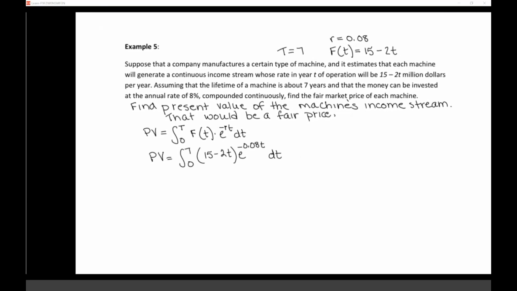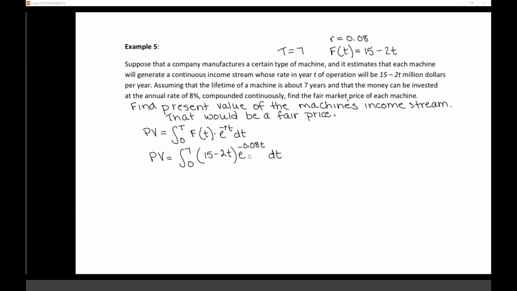So I'm asking you guys to put on your calculus hat for a minute. We're not thinking about the business side of this, but we're asking, how do I integrate it? What method do I use? How do I integrate this? Here's your integrand.